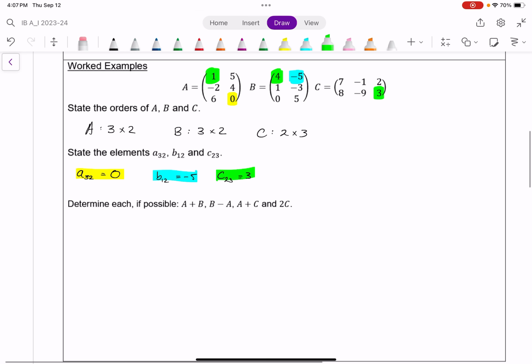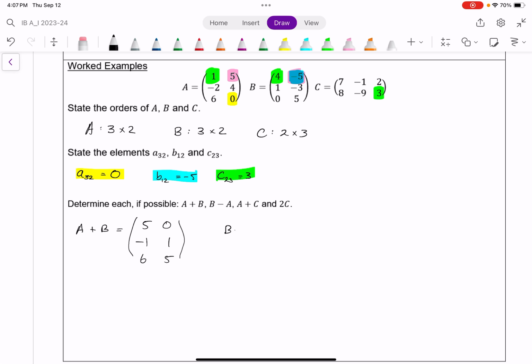And so A plus B, my first element would be 1 plus 4, which is 5. And then 5 plus -5, which is 0. And just keep doing this. Notice if they didn't have the same order, then I wouldn't be able to add them up, because at some point there would be an element that doesn't match up with another. So doing this quickly, I should get these values. So the order will be the same.